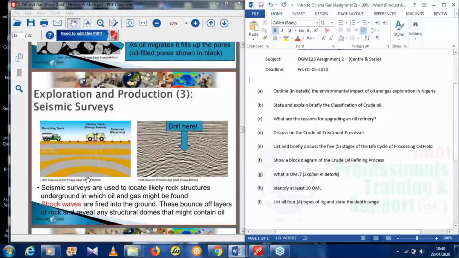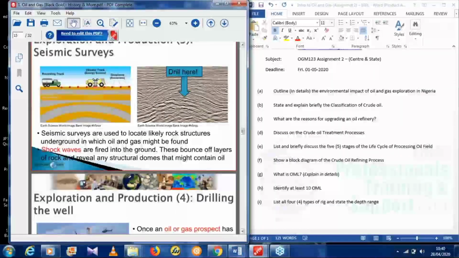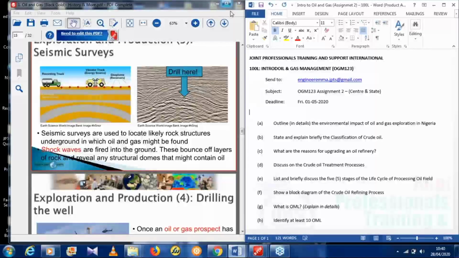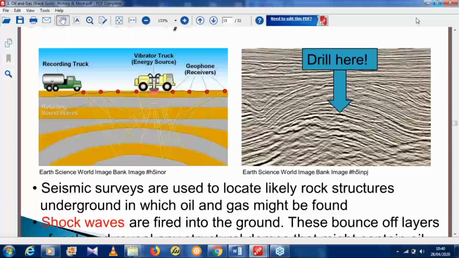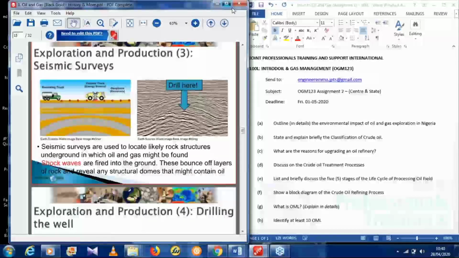Now, how does this work? From the seismic survey, we have sound waves, like shock waves, that are sent to the earth. I'm trying to make it broader so you can see.